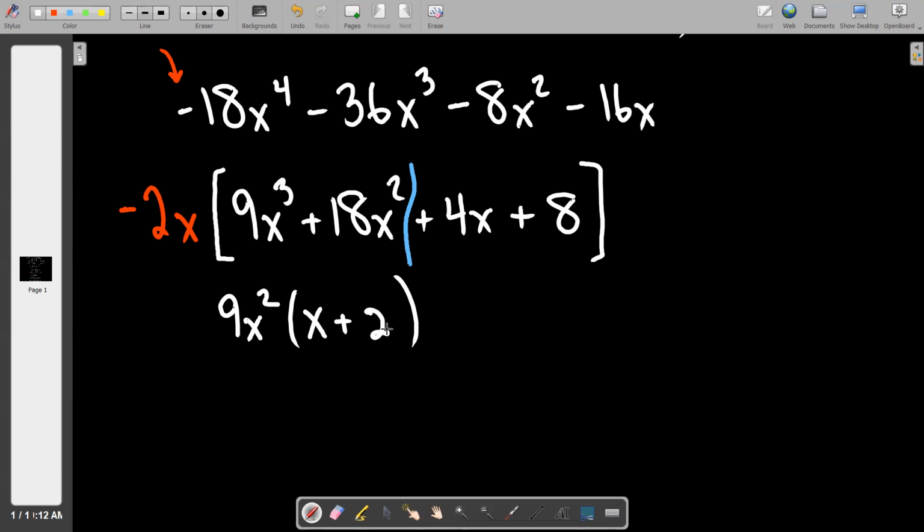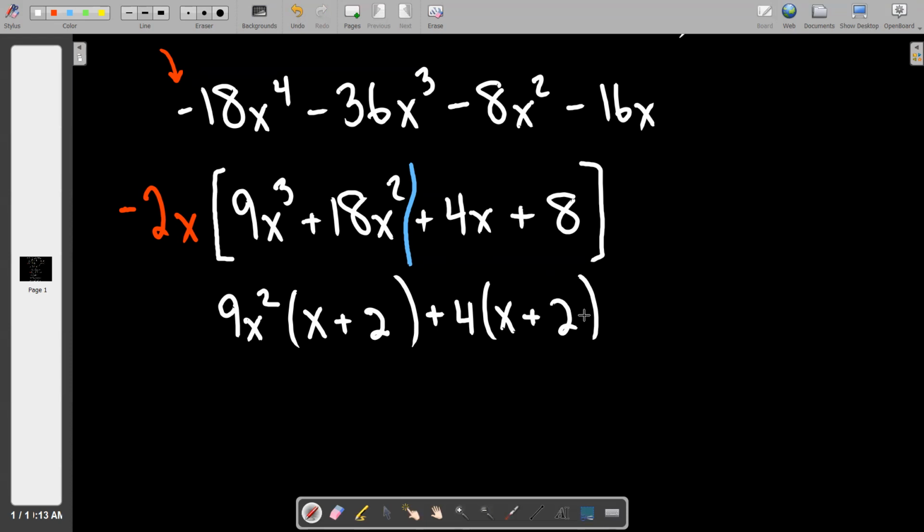So again, focus. We're working inside the square brackets now. That's all we're doing. And then what's the next step? Copy down the plus sign, right? And so we're going to bring down the plus. And what is the common factor for 4x and 8? Good job. So we're going to bring down that 4, and then we're going to rebuild. And what's left over when we pull 4? Nice. So we're doing something right.